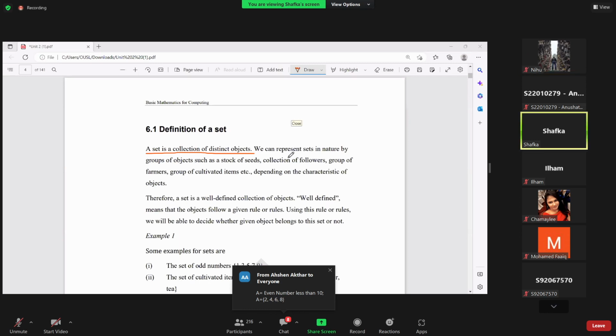If you are considering just even numbers, is it a set? You particularly mentioned even numbers less than 20. If I am saying we are considering even numbers, is it a set?